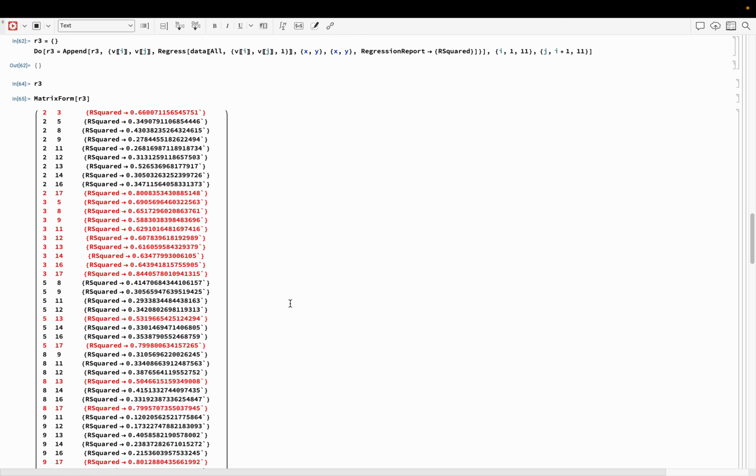Nevertheless, we will try to analyze this. Again, I marked in red those rows that correspond to r squared over 1/2. And what we see is that whenever variable 17 appears or variable 3 appears, I get quite a high number.